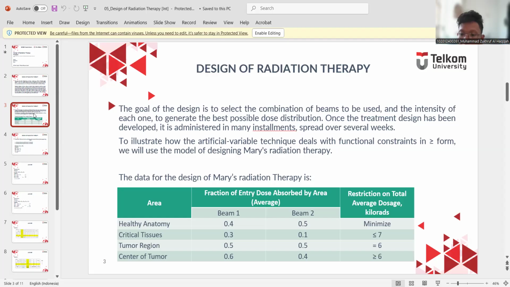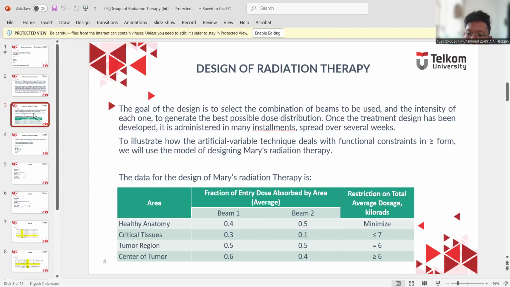The data and linear programming model. To achieve this goal, we use a combination of two radiation beams, beam 1 and beam 2.